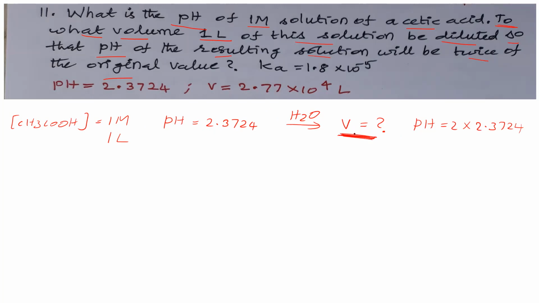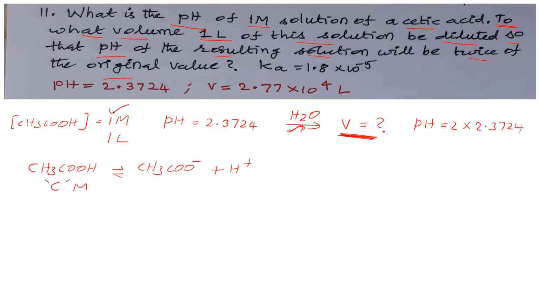Now in this solution acetic acid is present, and it dissociates to give acetate ion and H plus ion. Because of the addition of water we do not know the concentration of acetic acid, as it will change.